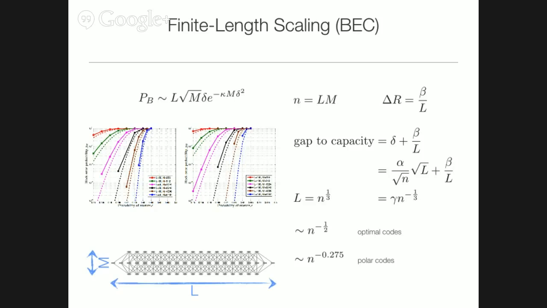If you look at how the constant behaves as a function of how close you are to capacity, the dominating term is exactly delta squared. So this behaves, up to the constants, exactly like you would see in optimum codes.